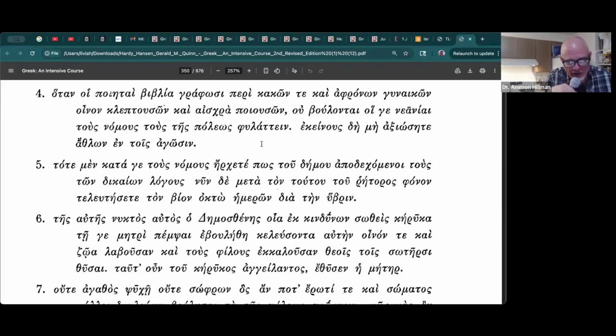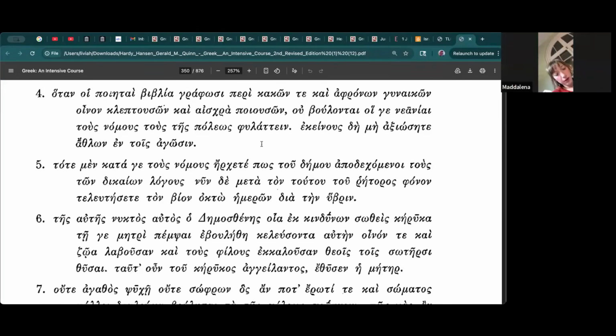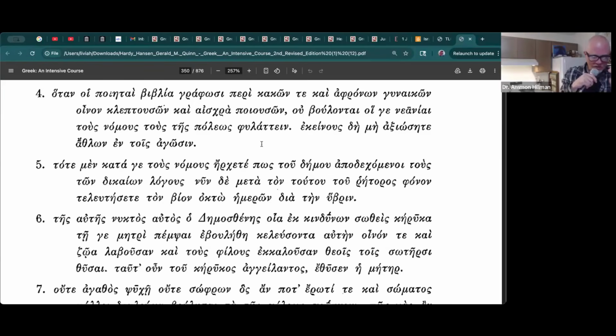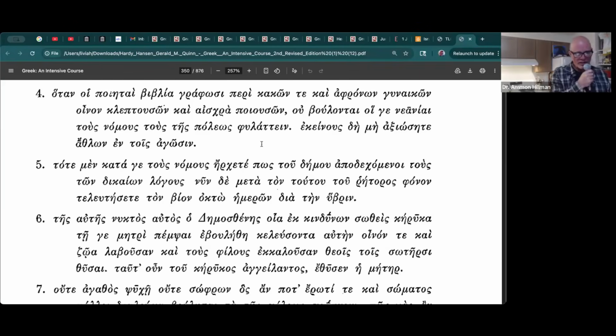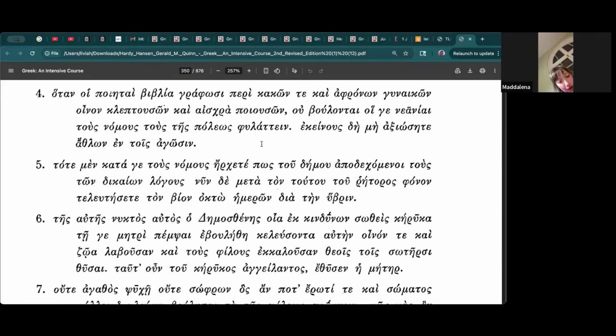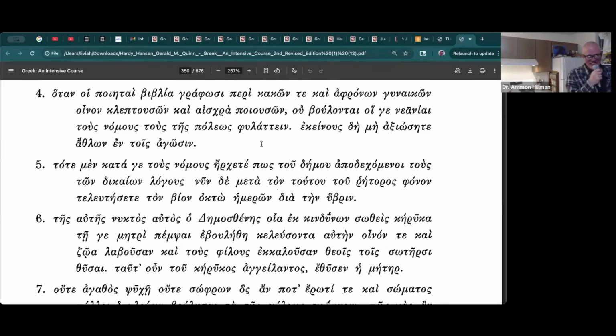It's genitive, because gunaikon is genitive. So it is just telling you what kind of women these are. These are the women who kleptuson oinon, who steal wine, and who poiuson aiskra, who do shameful things.